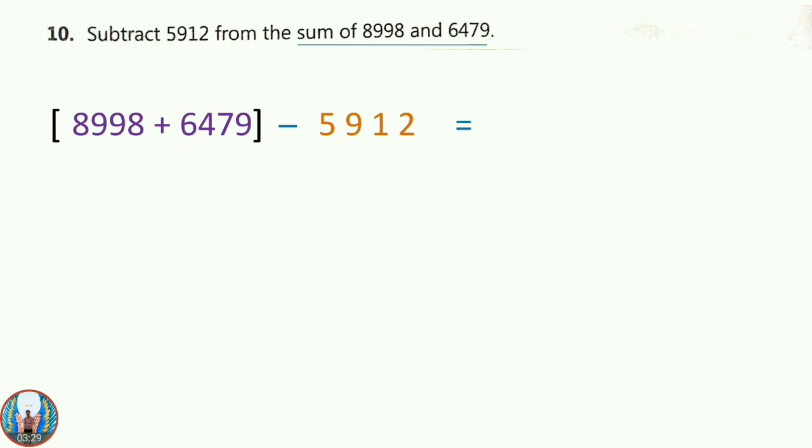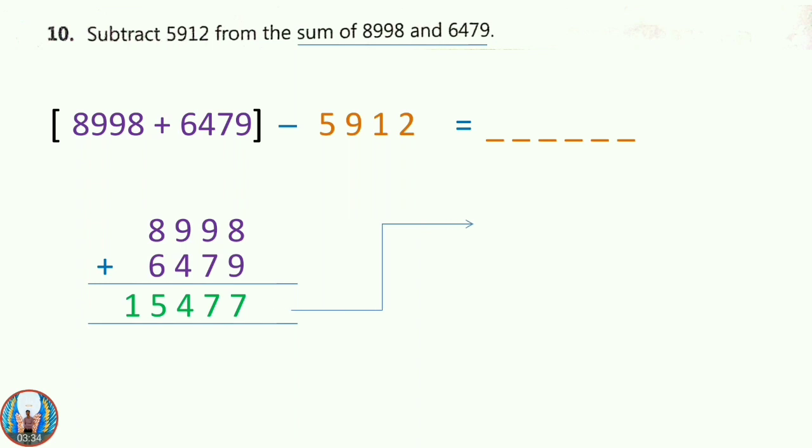So in this case we have to solve the first part first. We find the sum of 8,998 and 6,479, that is 15,477. Now we subtract 5,912 from the sum of these two numbers.